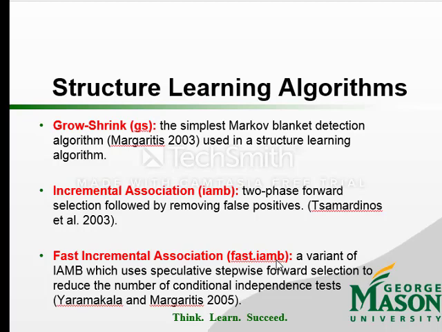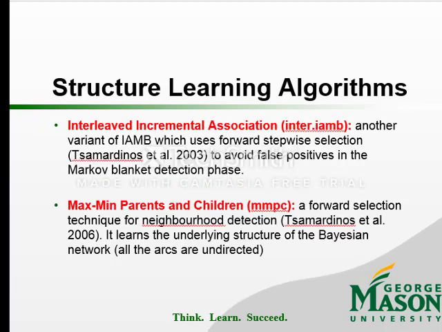It's a variant of IAMB which uses speculative stepwise forward selection to reduce the number of conditional independence tests. Then we have the interleaved incremental association, inter.iamb. It's another variant of IAMB which uses forward stepwise selection to avoid false positives in the Markov blanket detection phase.